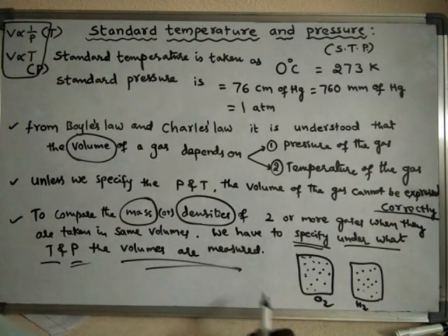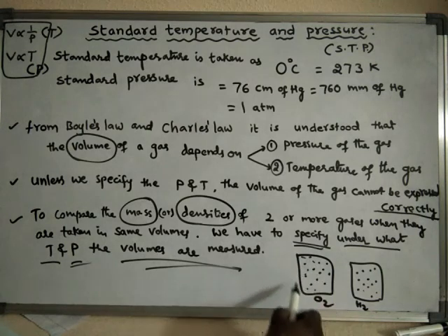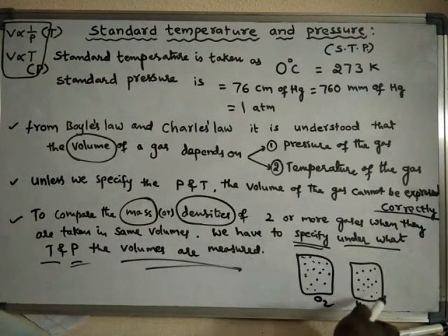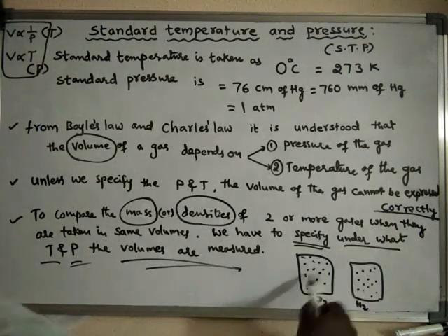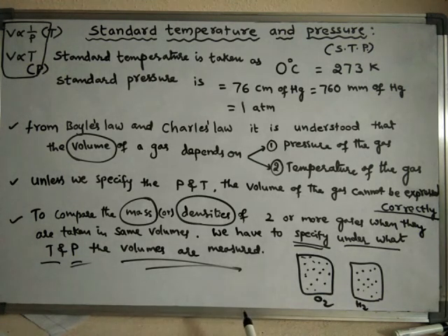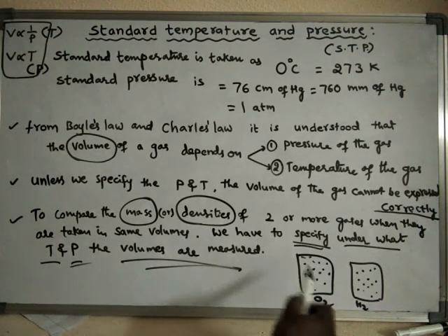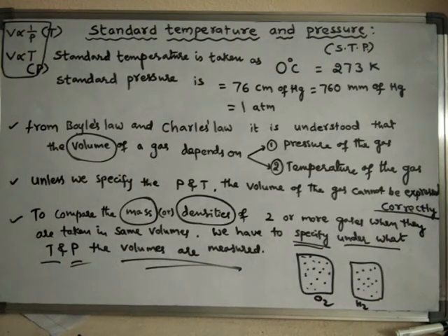Under what temperature and pressure the volume of oxygen is 1 liter, and under what temperature and pressure the volume of hydrogen is 1 liter. No doubt these two have the same volumes, but in order to mention the densities we have to specify the conditions also. So these are the things that should be known about the standard temperature and pressure.